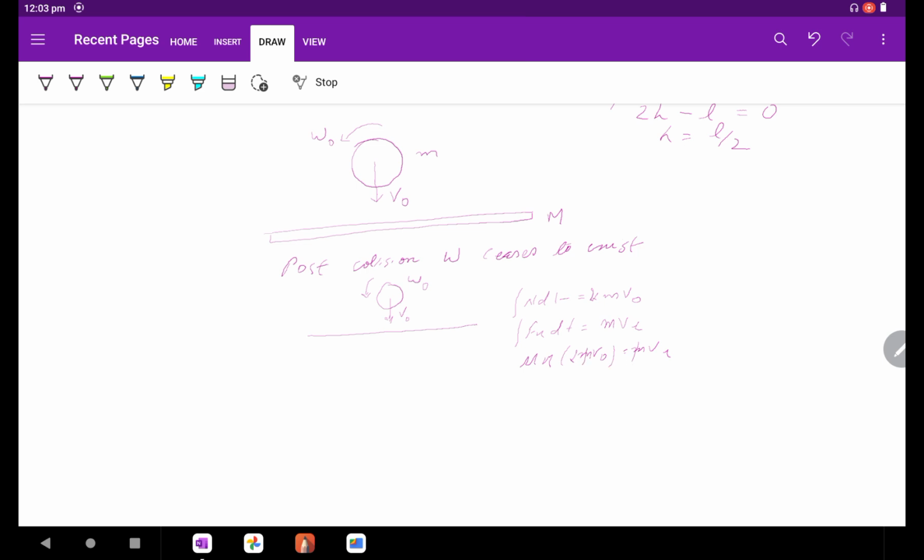This and this gone. We get vx is equal to 2 mu k v naught. So this is what happens there when the mass is given accordingly for this plank. We'll be able to calculate speed.